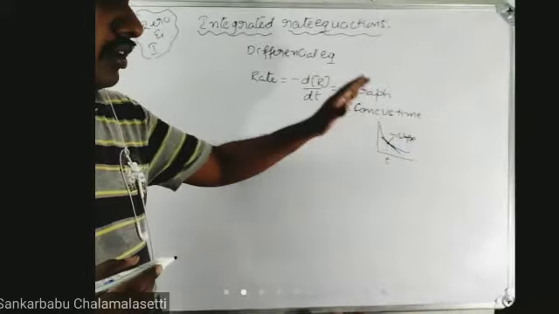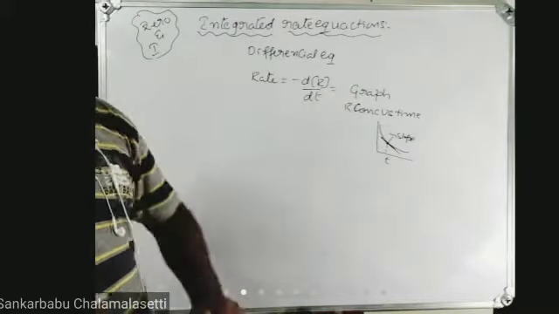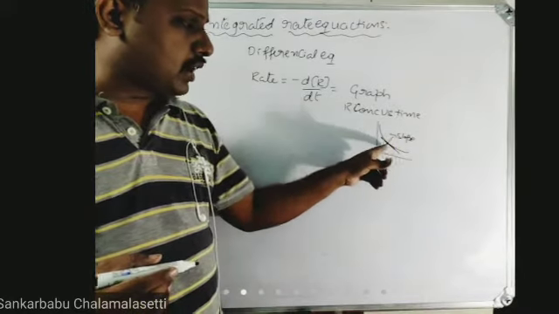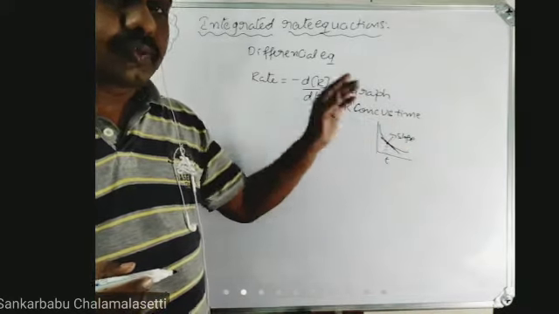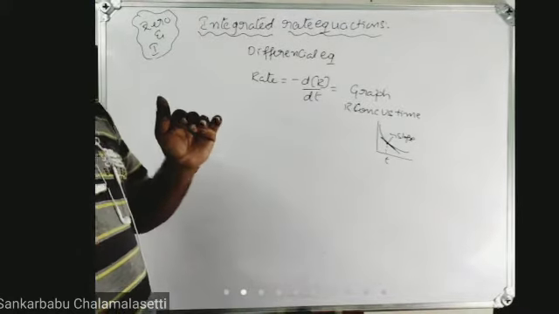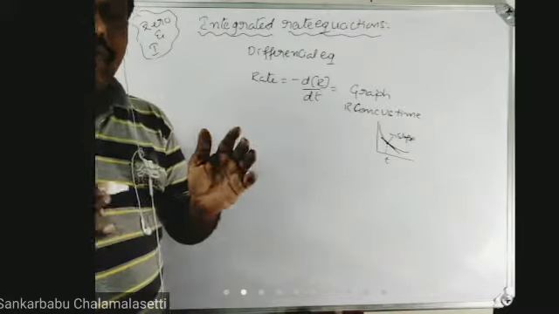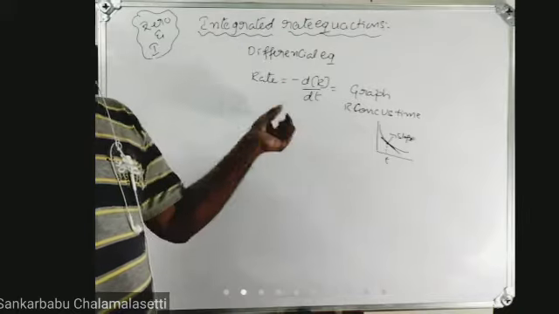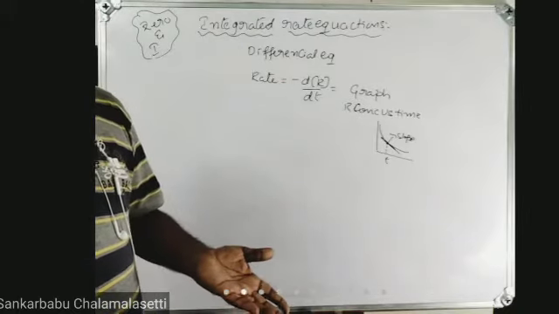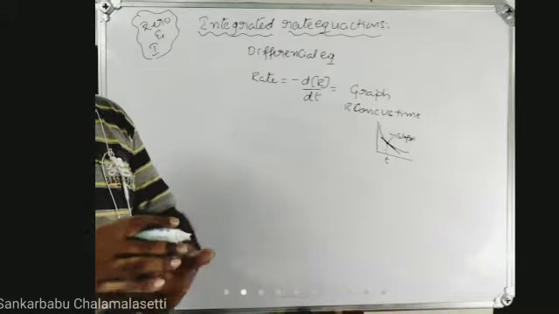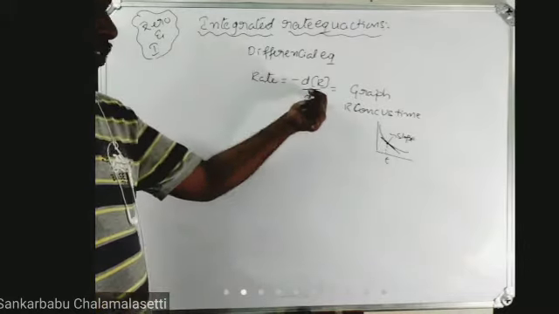But calculation of the rate in this manner is not always possible. Calculation of the rate by the graphical method, drawing the tangent and calculating the slope, is not a convenient method. So in order to get a convenient method, we find the rate equation, with which we can find out the order of the reaction, that is the dependence of the rate on the concentration.